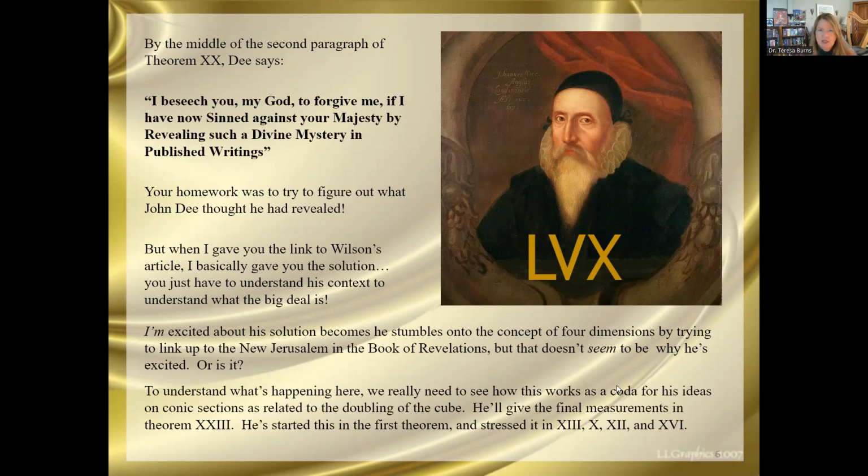Now, to understand what is happening here, I agree with Wilson's analysis that you want to look at this theorem as a kind of coda, or a kind of conclusion, for these ideas about conic sections as related to the Delian problem.